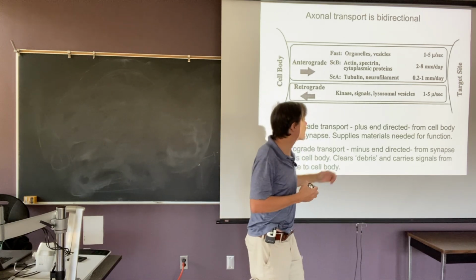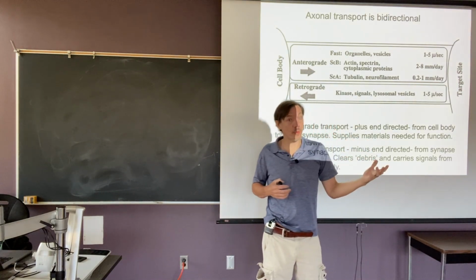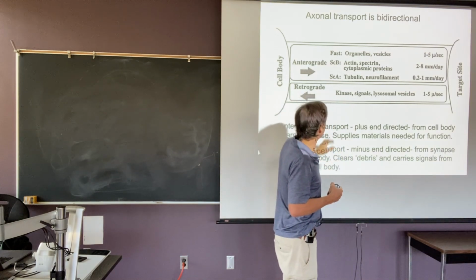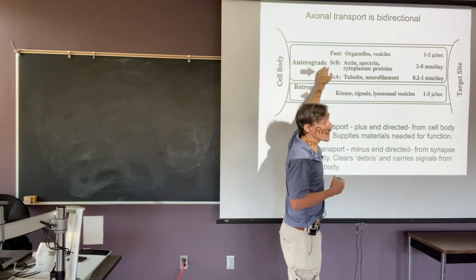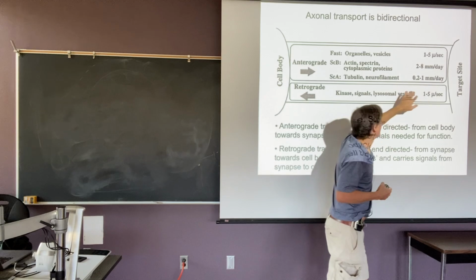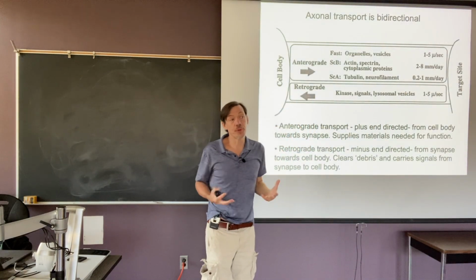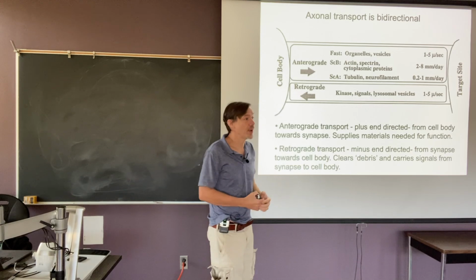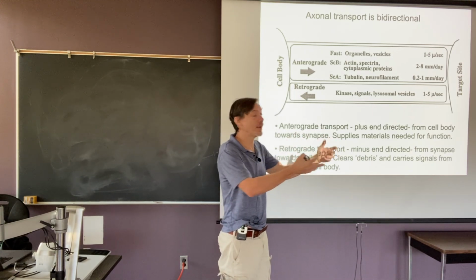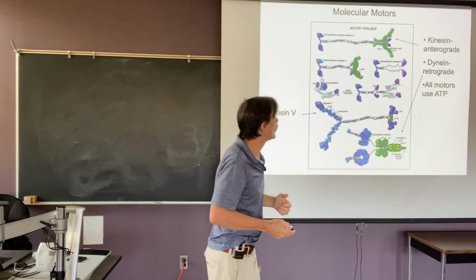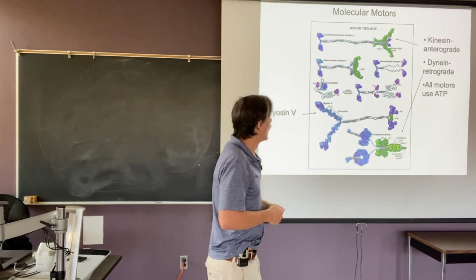But in addition, there are also signals, for example, like neural growth factor, that need to be transported back to the cell body. And for these anterograde pathways that move stuff out and these retrograde pathways that move things back, there are two different classes of motors. So kinesins are going to move things out, and dynein is going to be moving things back. And we'll talk about these right now.